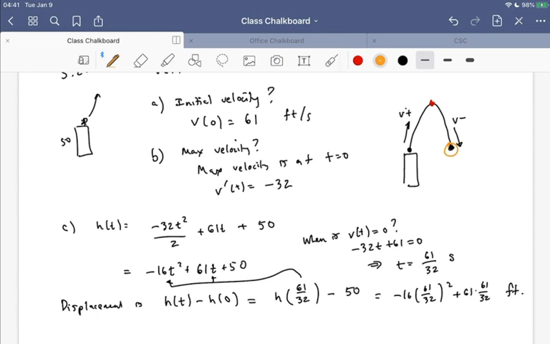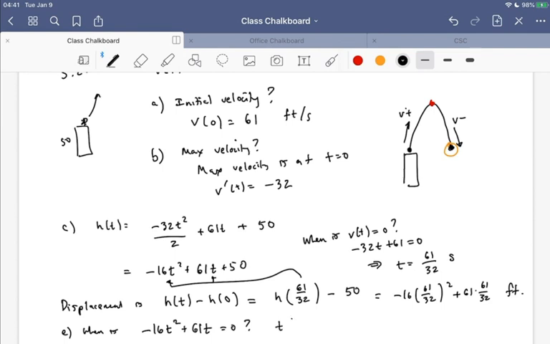So what we need to do is find when the displacement equals 0, and the displacement we said was this. So for E, when is negative 16t squared plus 61t equal to 0? Well, we can factor.